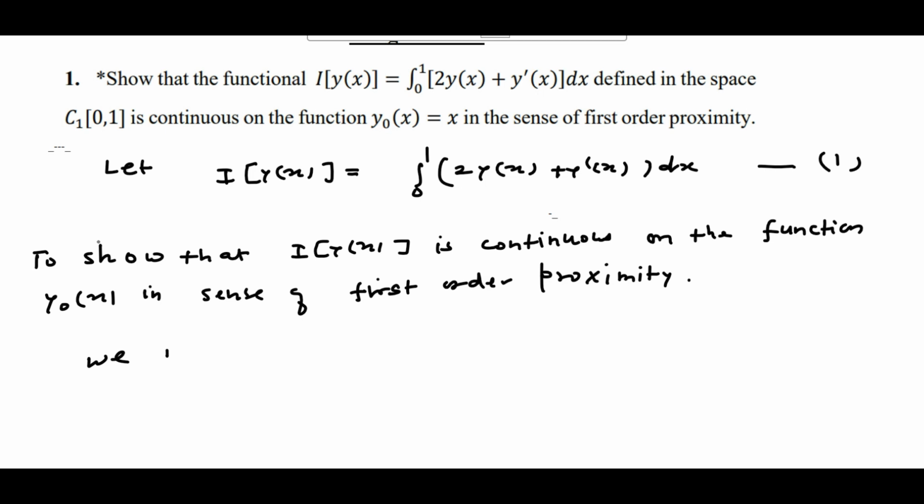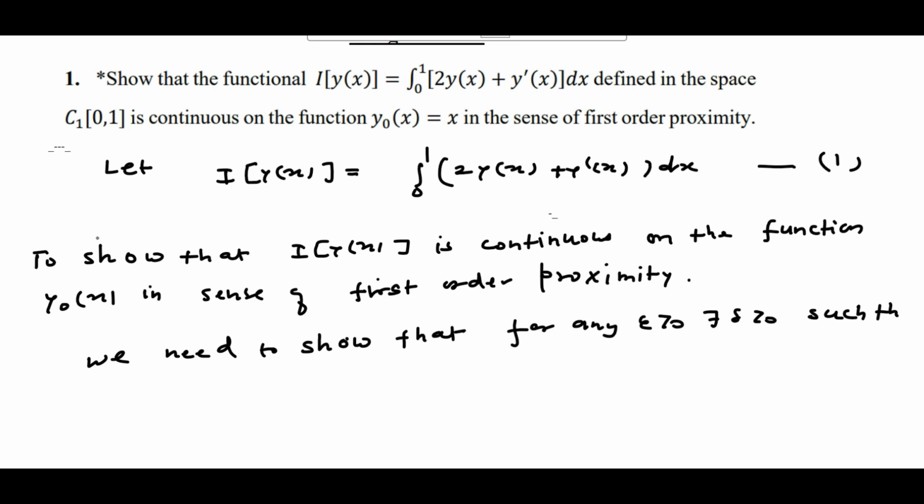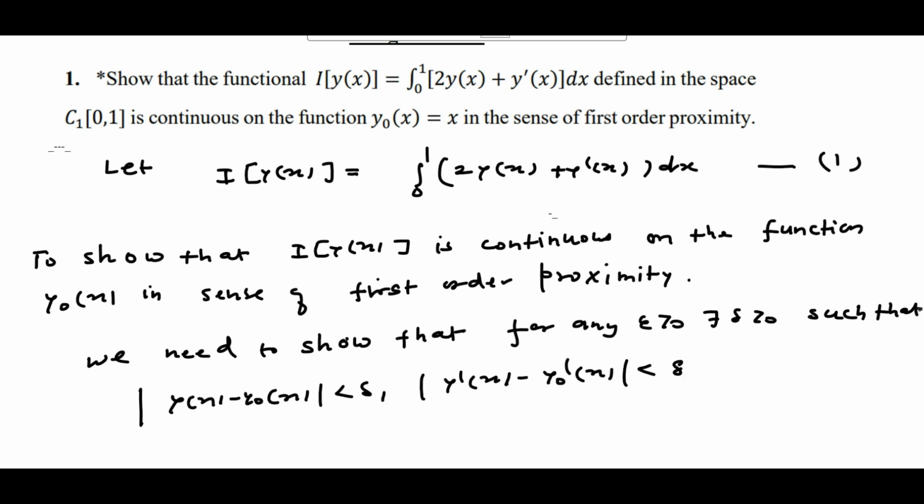So we need to show that for any epsilon greater than 0 there exists a delta greater than 0 such that, for first order, we take mod of y of x negative y naught of x less than delta and mod of y dash of x negative y naught dash of x less than delta, and this implies that the difference of the functional I of y of x and I of y naught of x has to be less than epsilon.